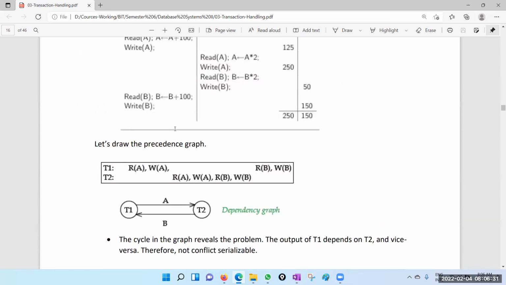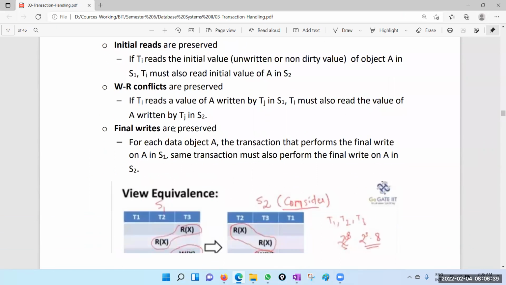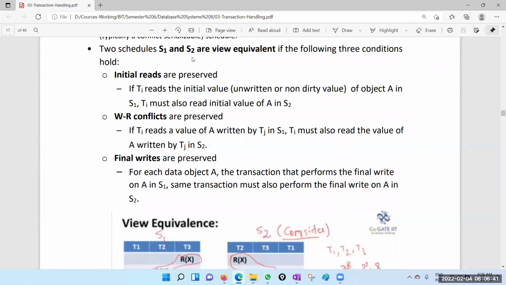Right. So there are 3 conditions we have to check. The transaction that did the initial reads must be doing the initial reads in the second schedule as well. The transactions that did the final writes in the original schedule must be doing the final writes in the other schedule as well.